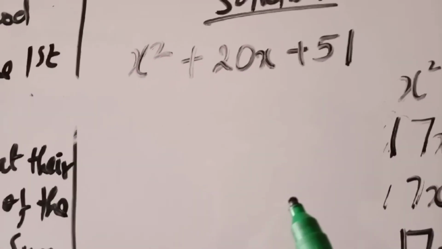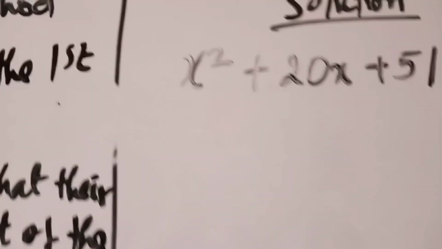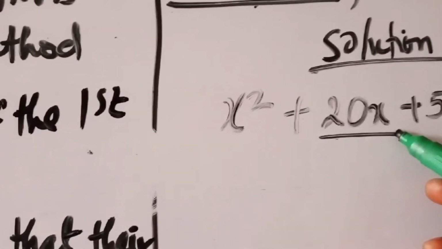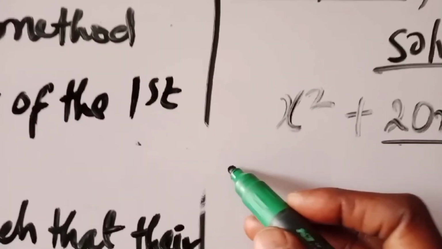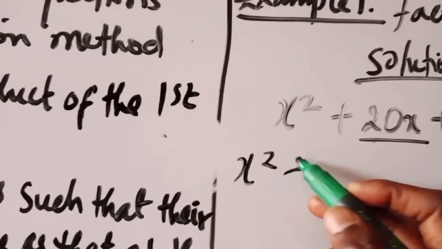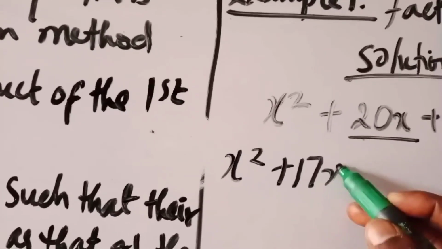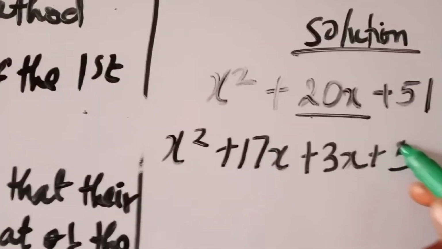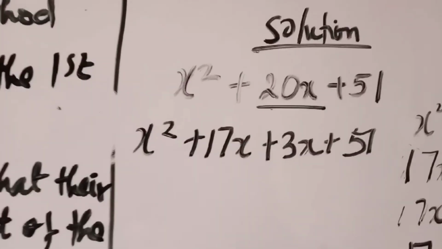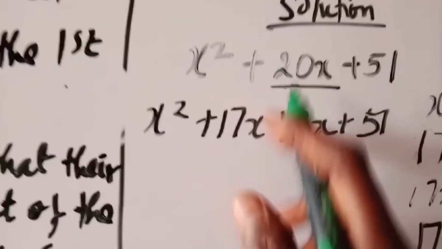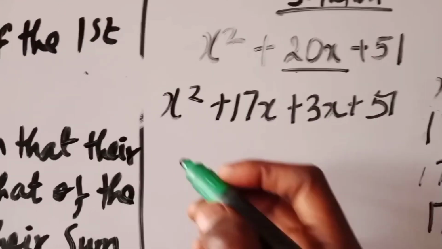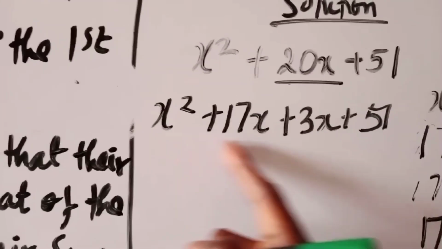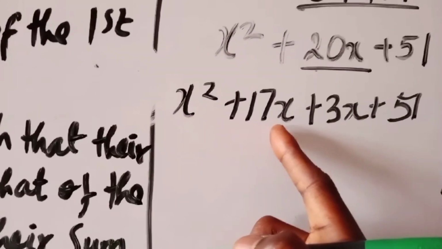So we're going to use both to replace 20x in this equation, and it becomes x squared plus 17x plus 3x plus 51. The next thing is to factorize appropriately. If you consider the first two terms, you see that x is common to both.